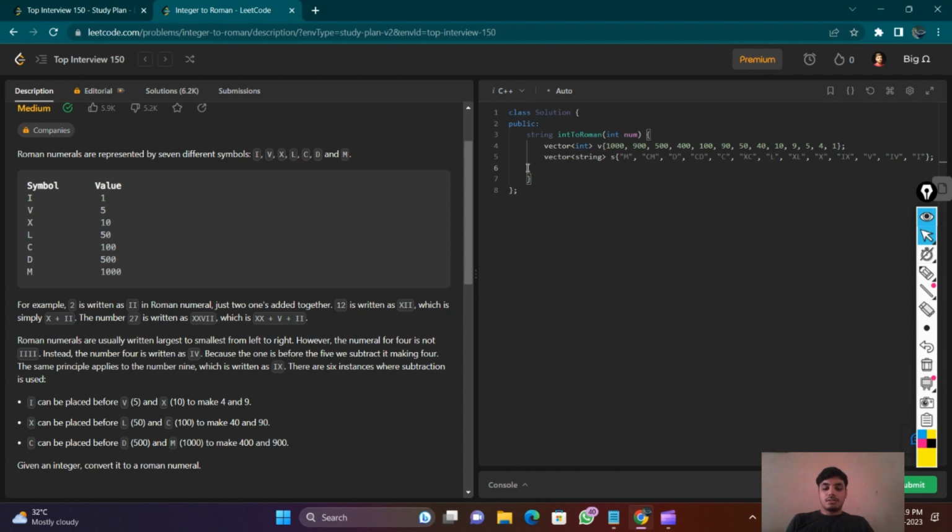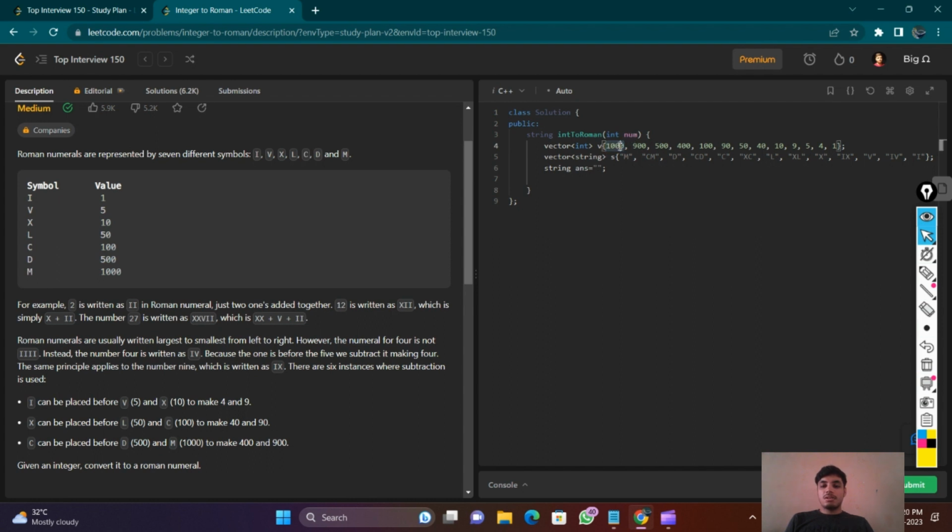So let's initialize one string, ans, to an empty string. Now we have to distribute num into the first maximum possible value. For this we can run a loop over this vector, starting from the beginning, which is why I have put the maximum at the start, to check if our num is greater than or equal to this value or not.